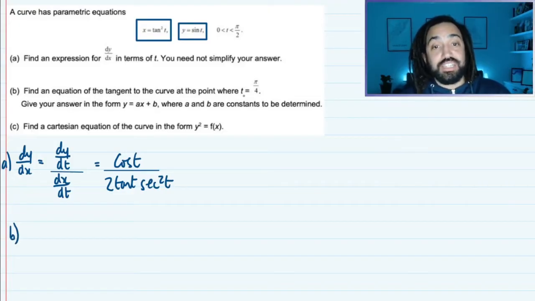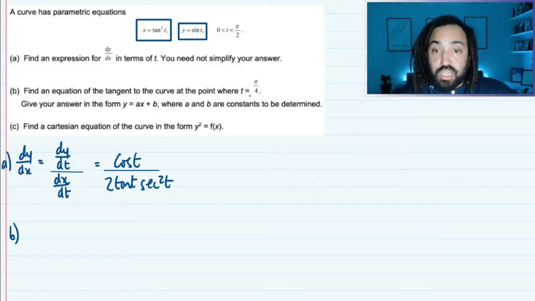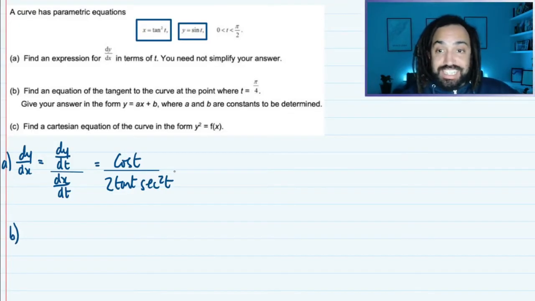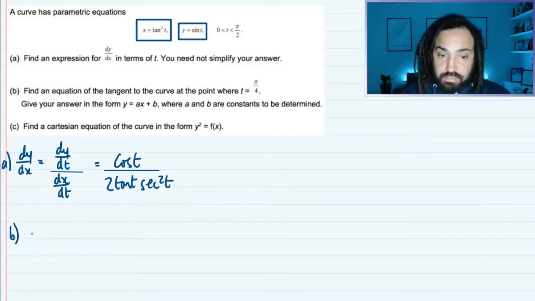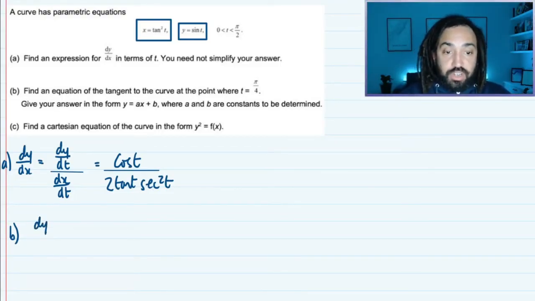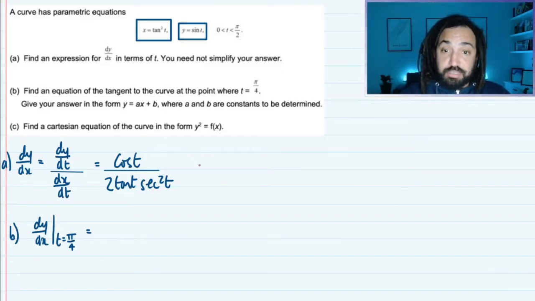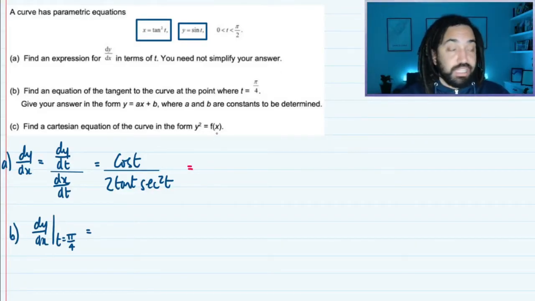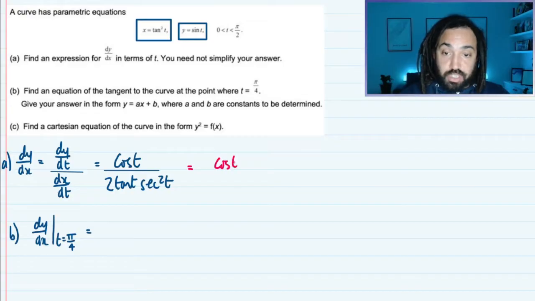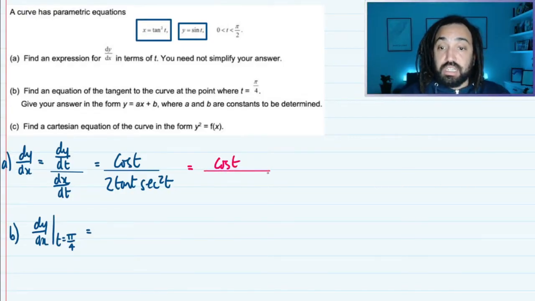where it's asking us to find the tangent to the curve at the point where t is equal to pi over 4. Fine. So to find the tangent, I'm going to need to know the gradient when t is equal to pi over 4. But first, what I think I'll do is I will actually simplify this over here to make it easier for me to substitute in, because I don't want to use a calculator.